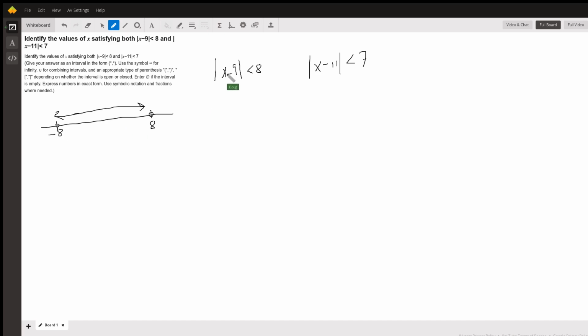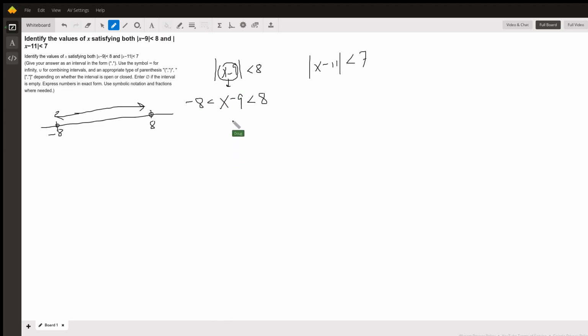So that's our interval. So this expression right here has to be between negative 8 and 8. And when you're solving an absolute value inequality where you have a less than symbol, that's what you do. You say, well, that expression, whatever it is, has to be between 8 and negative 8.